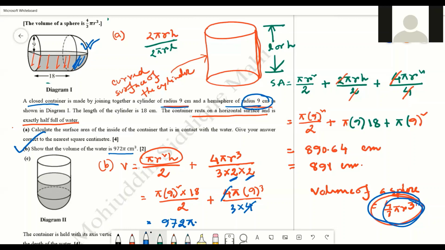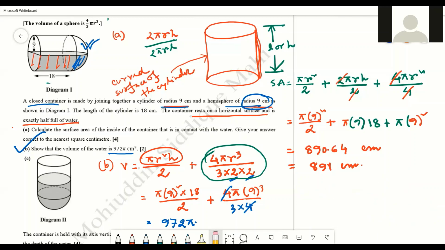Okay, let me explain this part again. The volume of a sphere is 4 by 3 pi r cube, a full sphere. Here, this is a hemisphere, half of a sphere, and the water in this hemispherical part is half of the hemisphere. So that means one fourth of the sphere. So this formula has to be divided by 4.